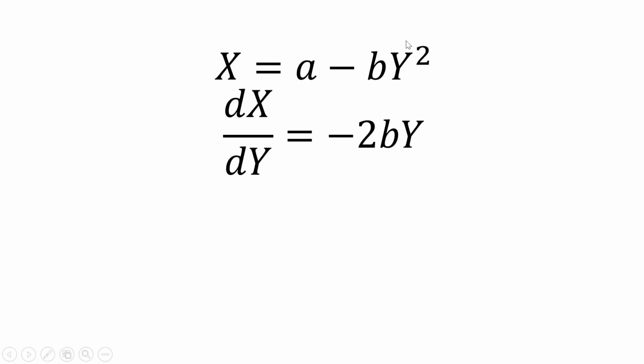We take the exponent, we multiply it, and we get 2by. Then we subtract 1 from the exponent. So when we take the derivative of X with respect to Y, we have negative 2by.